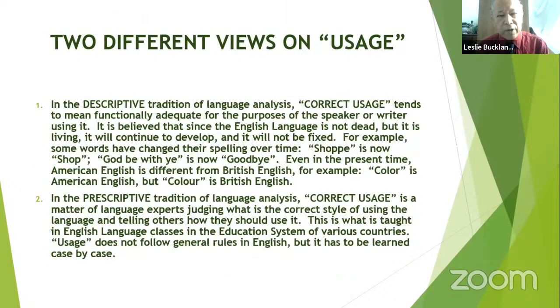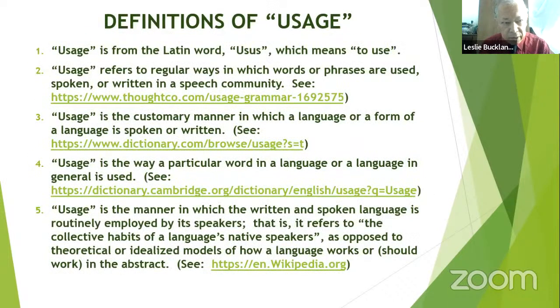Now, there are 2 different schools of thought on usage, and you've already seen one of them from the very definition. In definition number 5, it says usage is the manner in which the written and spoken language is routinely employed by its speakers.